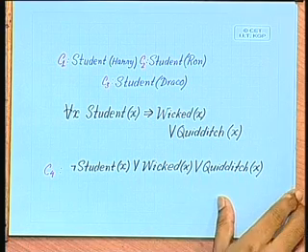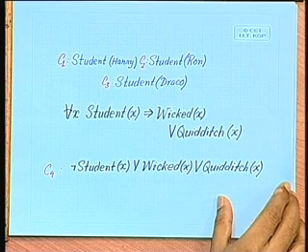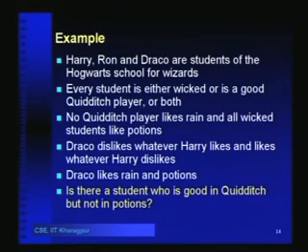Then let us look at the third statement. It says no Quidditch player likes rain and all wicked students like potions. So this is actually two sentences, and let us write them down. The first sentence says that no Quidditch player likes rain.